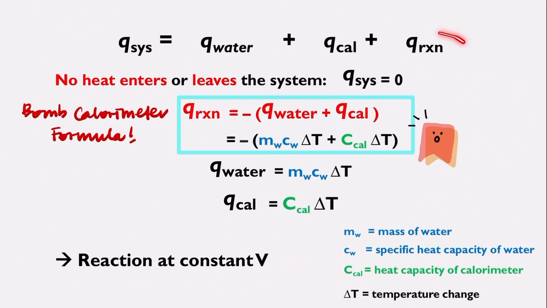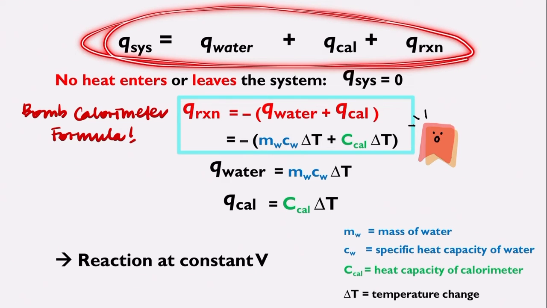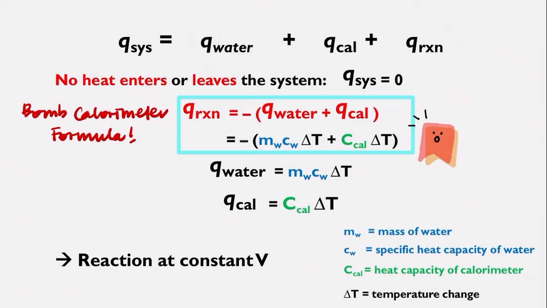So just like just now, this is your system, just that instead of solution, it is water, calorimeter and reaction. So same assumption we will be using. No heat enters nor leaves the system. Therefore, Q heat of your system is equal to 0.